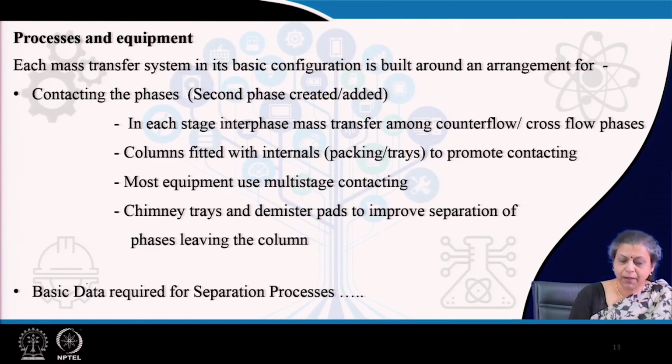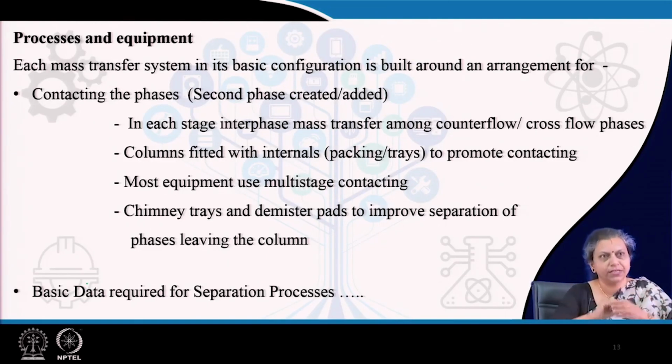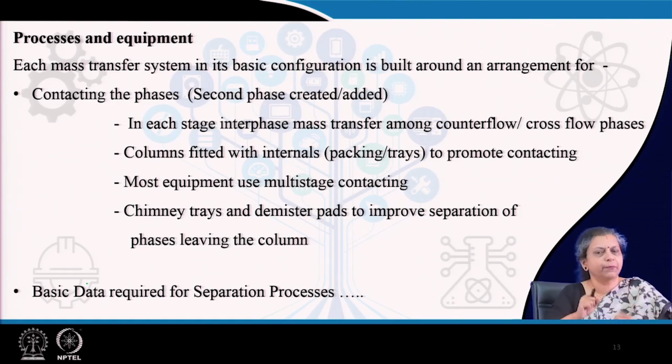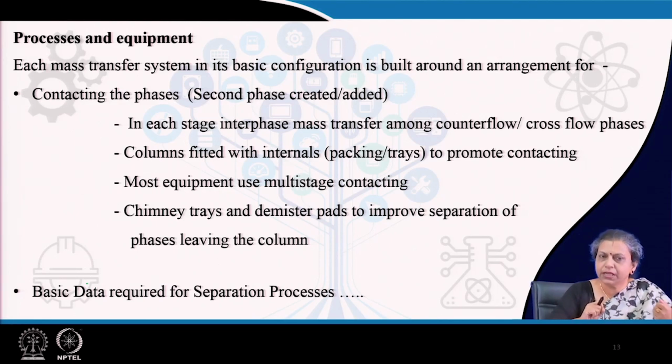And you should also remember that after the two phases are brought in contact and mass transfer occurs, the two phases also have to be separated out. So, all those towers are also fitted with certain attachments which would separate liquid droplets from the ensuing vapor or gas stream. We have some demister arrangement. There will be some arrangement where the gas has to be separated from the liquid stream. We have vortex breakers and things like that.